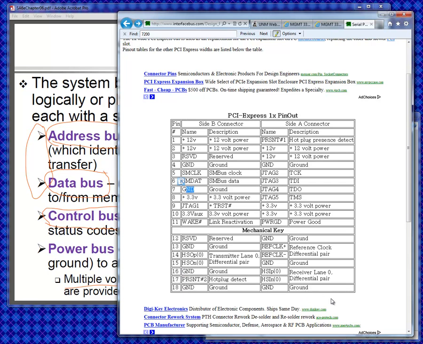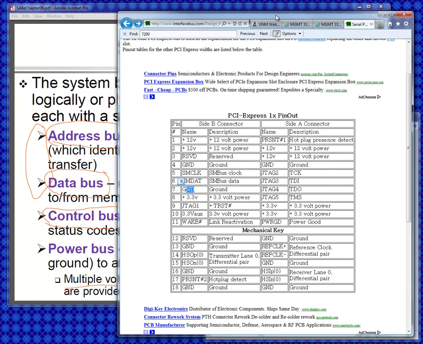Basically, the more grounds, the more predictable the electricity is as it moves across these signals, and the lower the error rates. Typically in a bus, you've got somewhere on the order of 10-20% of the electrical lines operating as grounds.